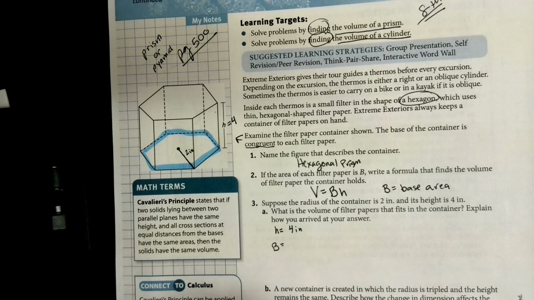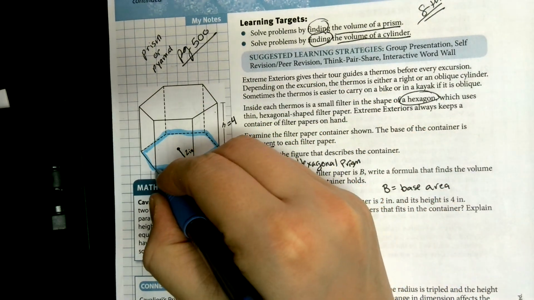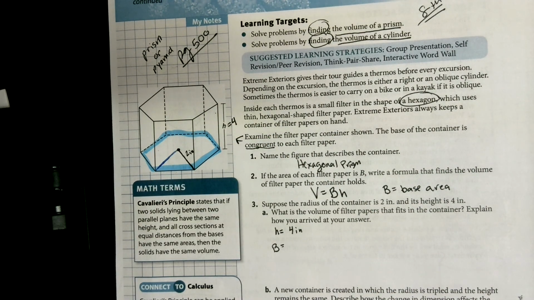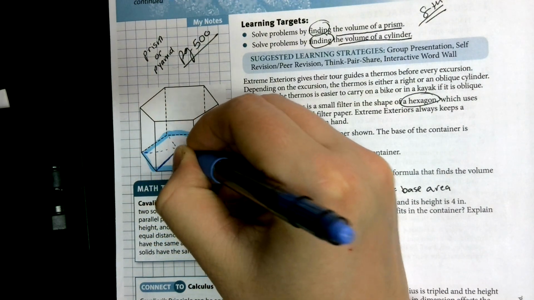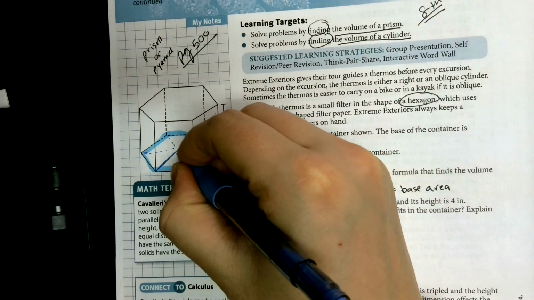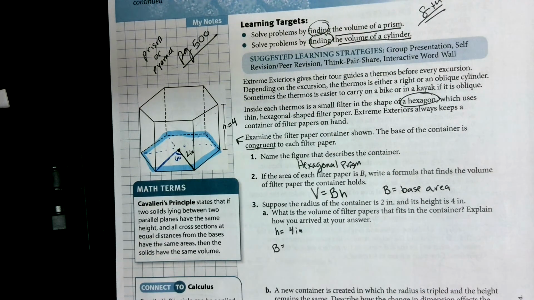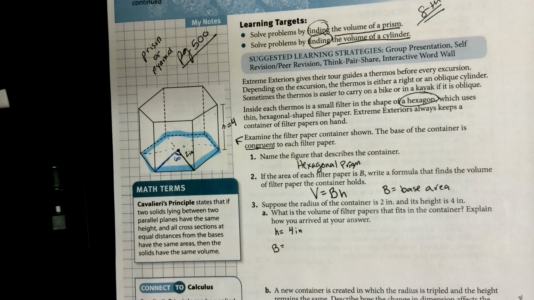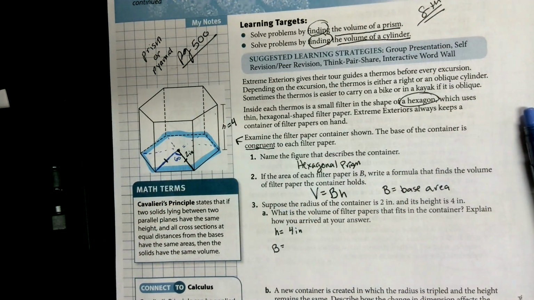Well, the only thing I can think of to do would be to turn this into something that we do know, which are triangles. And we know how to find the area of a triangle. Now, since it's a hexagon, this would turn into 6 triangles that have a central angle of, well, 360 divided by 6 is going to be 60. Okay, well, I also now know that these sides are the same because they're both the radius.